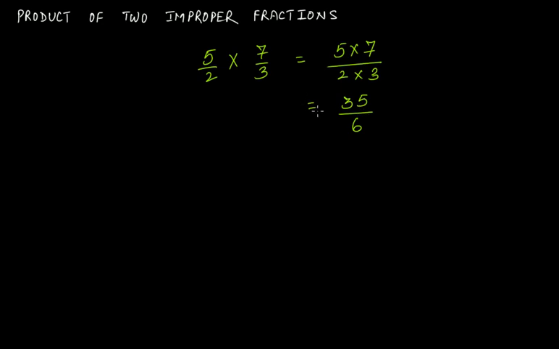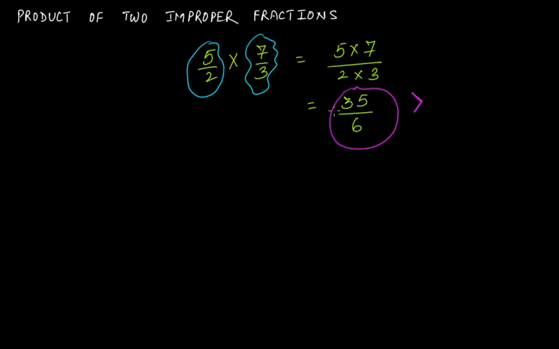Whenever you multiply two improper fractions, then the final outcome, whatever fraction you will get after multiplication, will be greater than both the two improper fractions. That is, this 35 by 6 will be greater than this one and this one also.